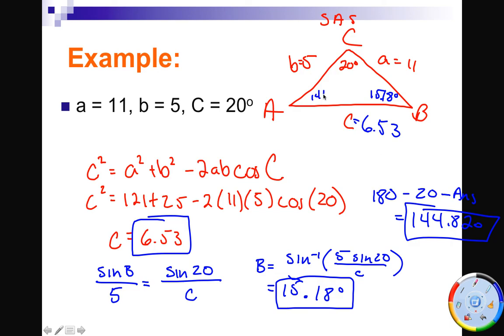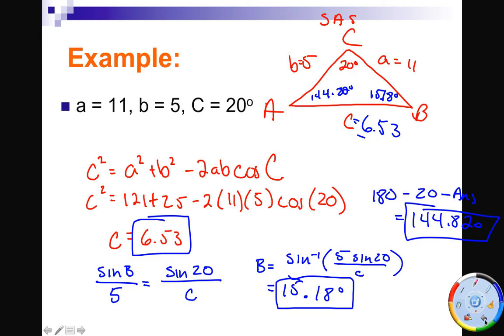And there we go, I've solved the triangle. And this kind of makes sense, because across from the 15 has to be my smallest side. Across from the 20 has to be my middle side. And across from the 144 better be my bigger side.